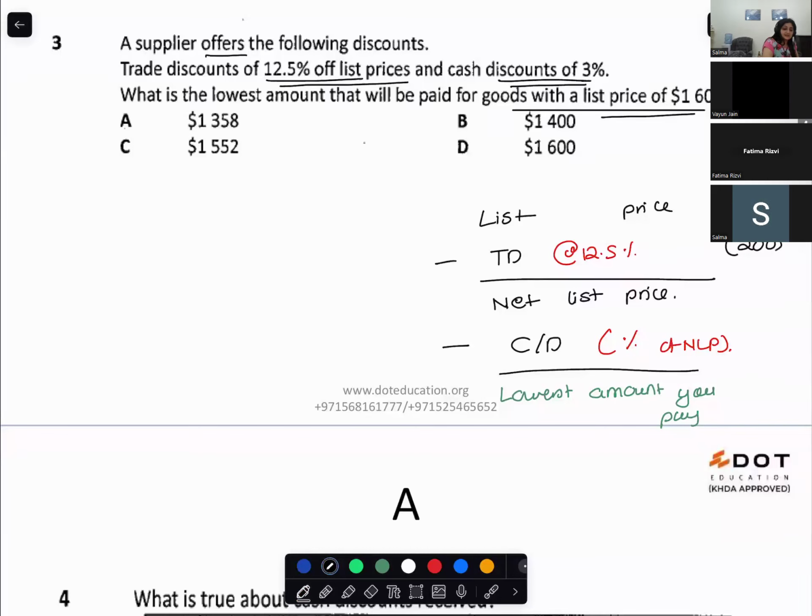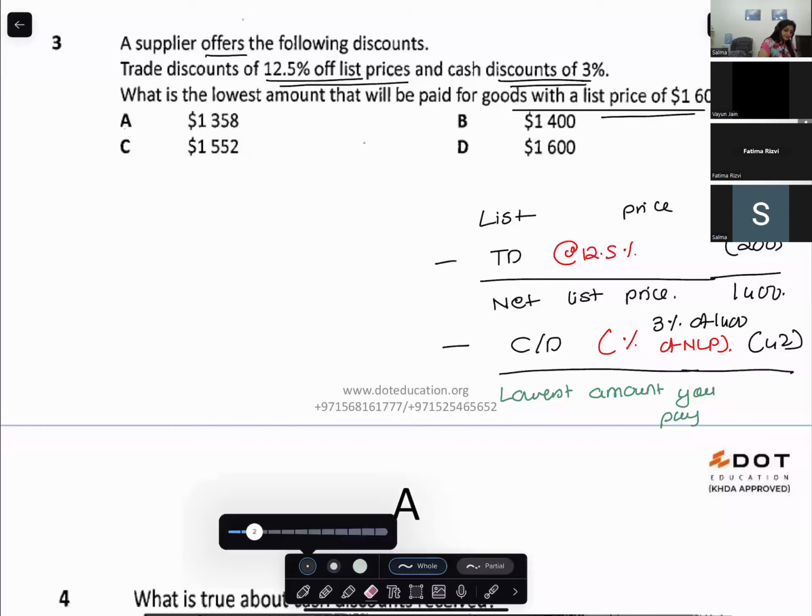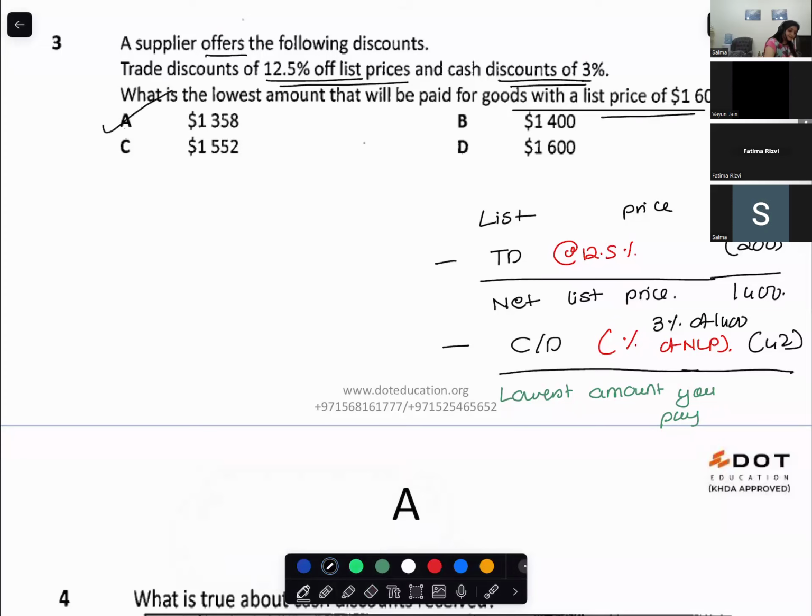Net list price. 1,400. Cash discount. 3%, which is 42. So, lowest amount that you pay? 1,358. Yeah. Whose turn now?